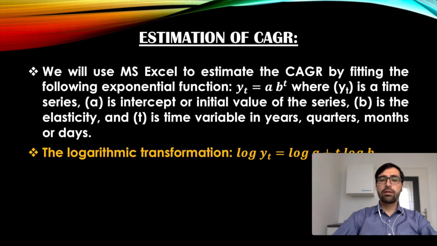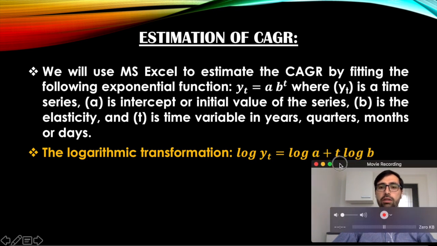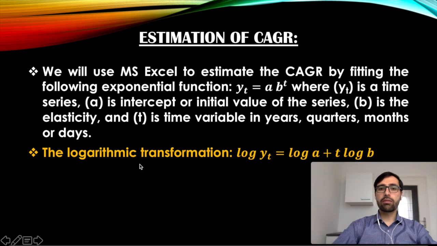Since we cannot fit this exponential function directly, we have to transform it into a linear function using logarithmic transformation. After logarithmic transformation, this exponential function will be like log of Yt = log a + t log b.